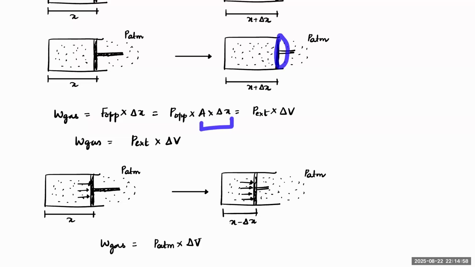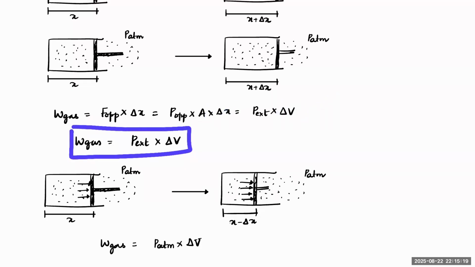This is the area of the cross section into the delta X that has been covered. So this gives the volume of the cylinder, which is delta V. So A into delta X is equal to delta V. So work done is equal to P external, that means the pressure externally opposing, into delta V. So this is work done.